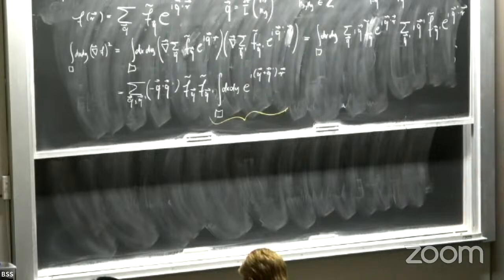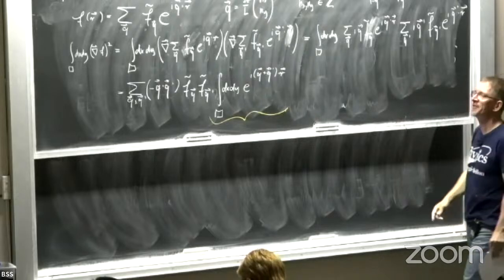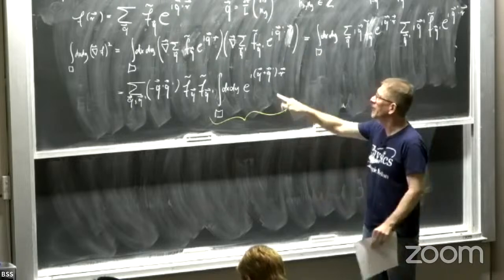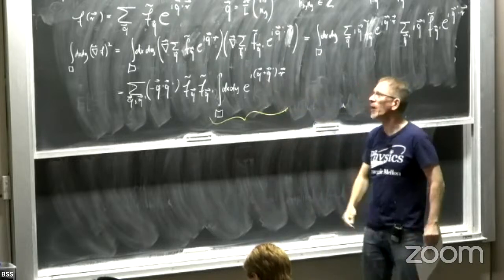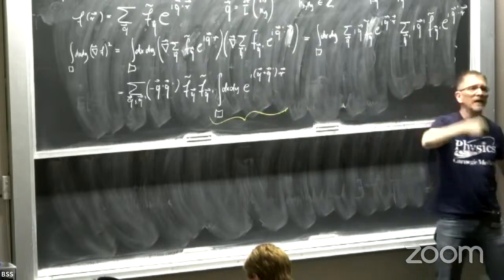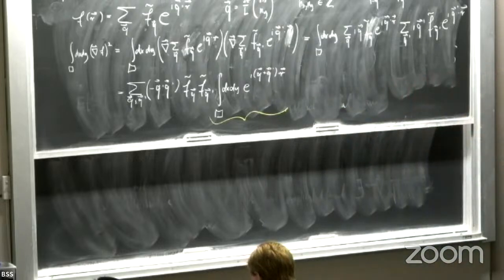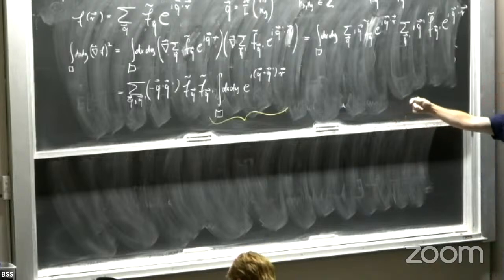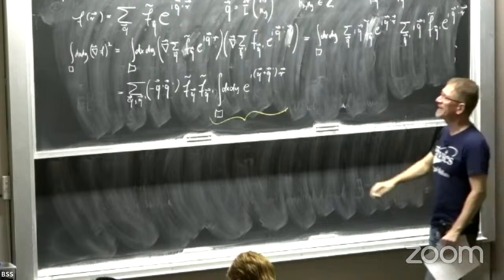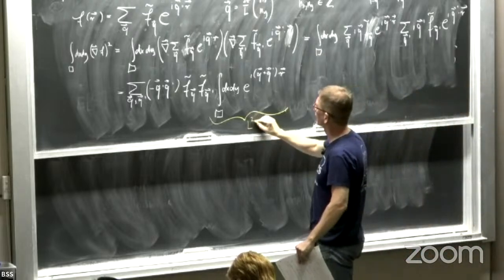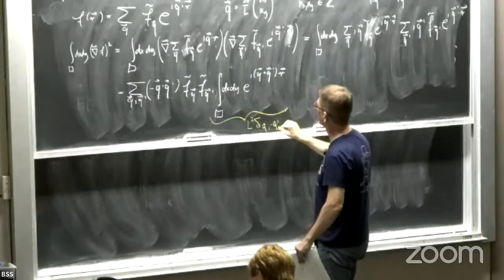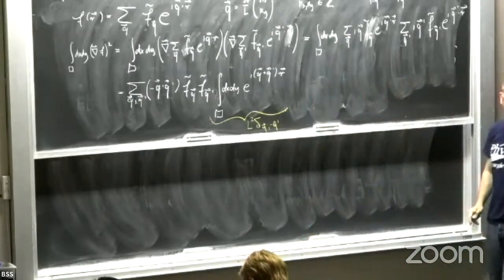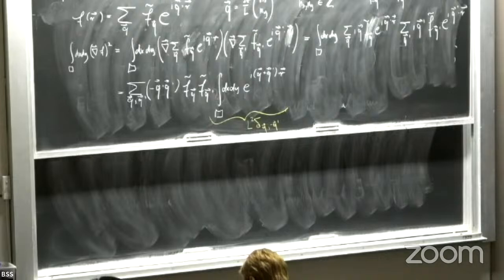But if q plus q prime is just another wave vector, then because these are all integer multiples of waves in the box, I end up integrating an integer number of modes over the box in both the x and y direction, and an integer number of sine waves integrated gives 0. And so this is L squared times the Kronecker delta of q and minus q prime. This will only give you something if q and q prime add up to 0.